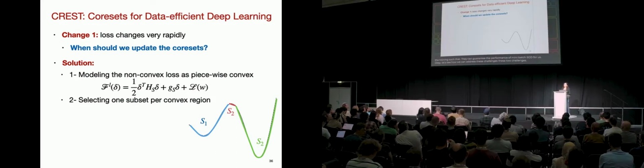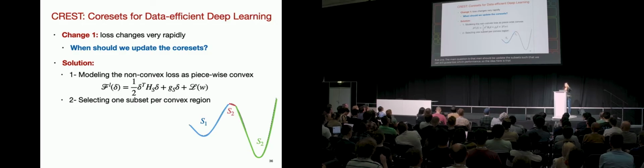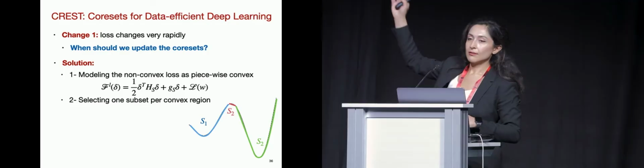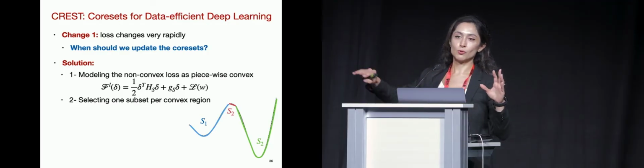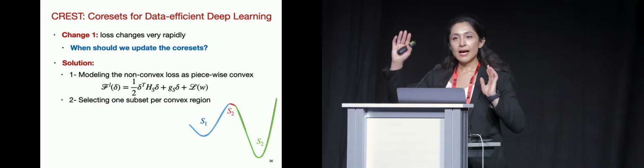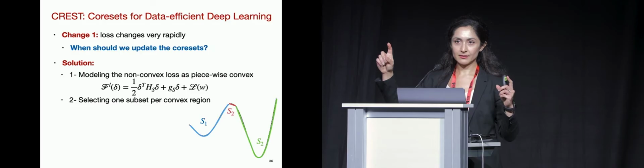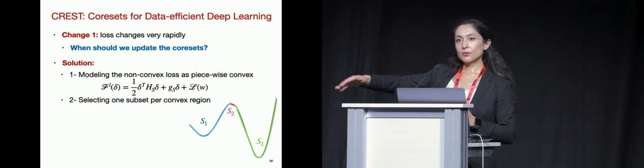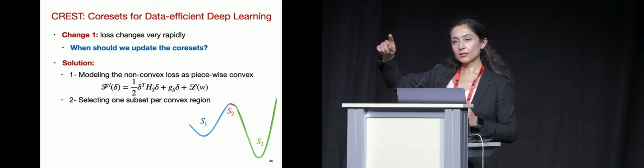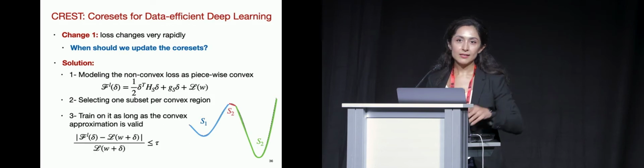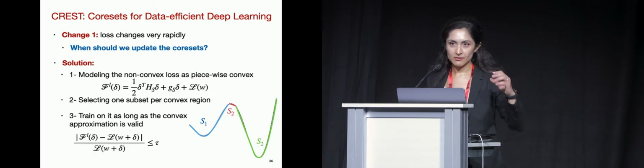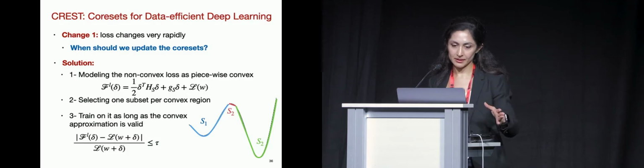So for the first one, the main question is when should we update the subset such that we can still guarantee its performance? The idea here is that, let's say we are at the beginning of the training, at the left-hand side of the blue curve. At that point, we can use the global gradient and curvature estimates to do a second-order Taylor approximation to model the loss, technically a quadratic function with the local gradient and Hessian estimate.